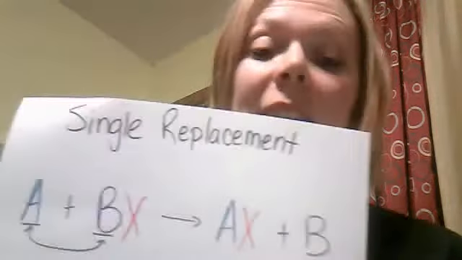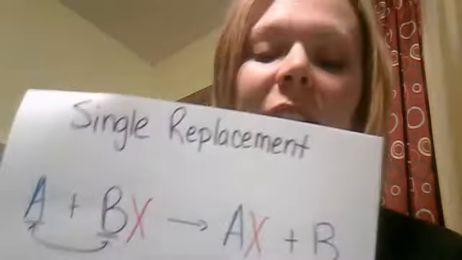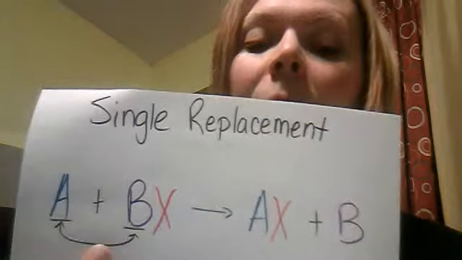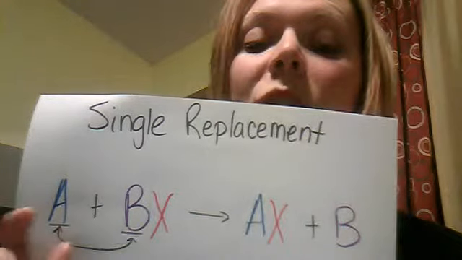Now, the next reaction type is a little bit more of a funny story. In this, we have single replacement. Single replacement is where we have essentially a dance going on. So what we'll see here in this is you see A and B are going to simply switch their places.